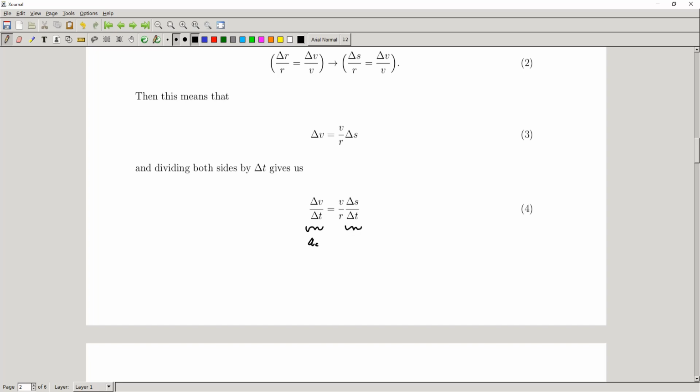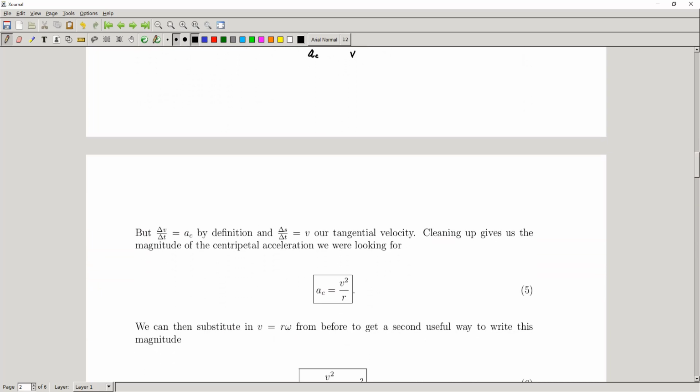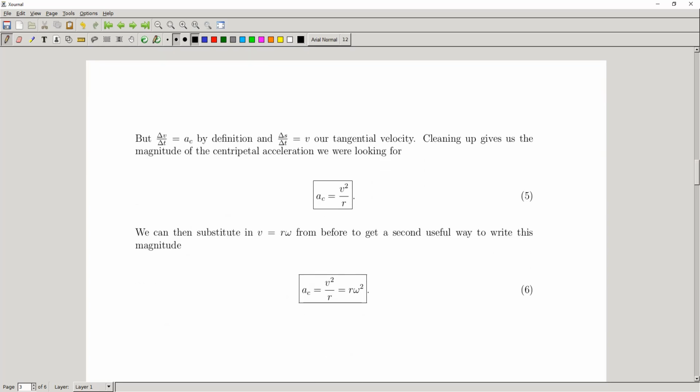Well, that is just our tangential velocity, which we've labeled as v. So if we clean that up, as I've done here, we get our second useful equation, which I have highlighted here. So this is another one that we're going to want to know.